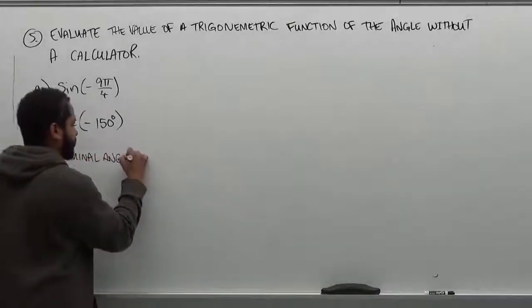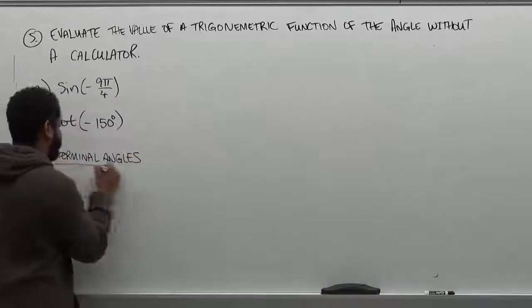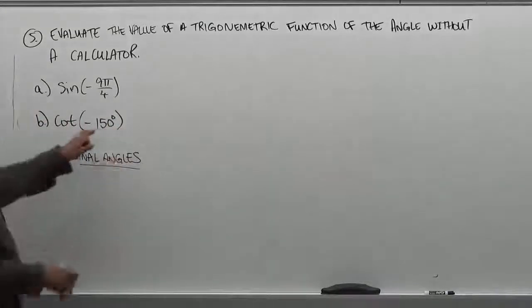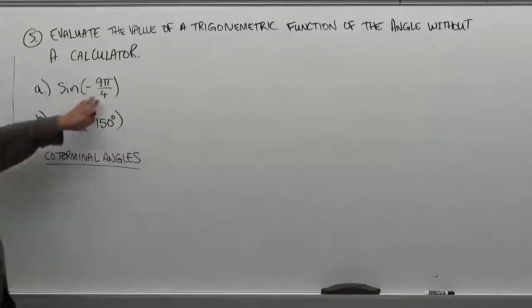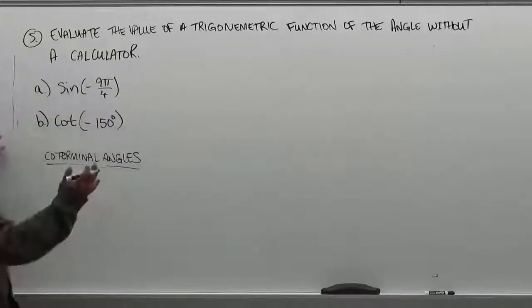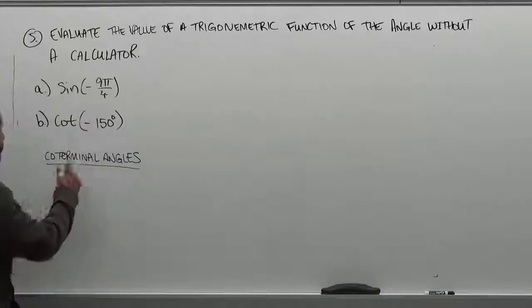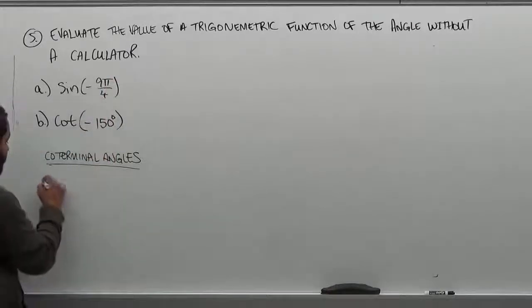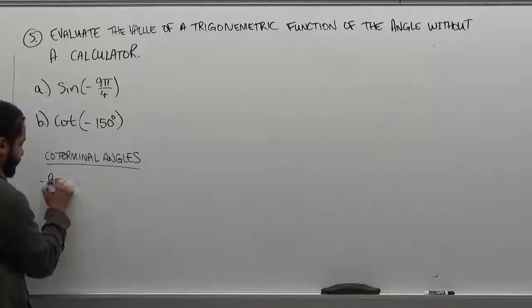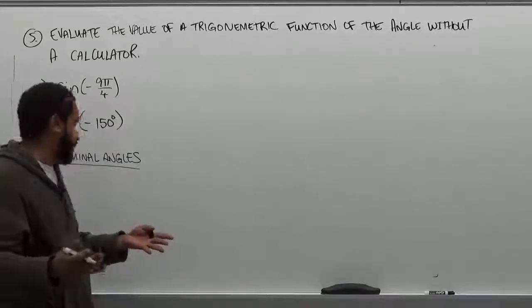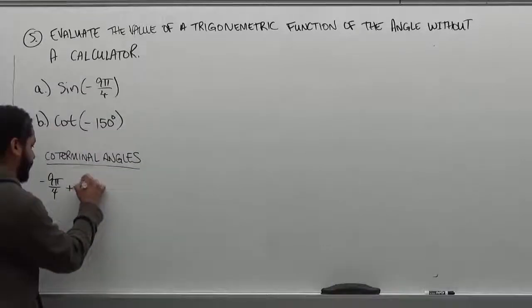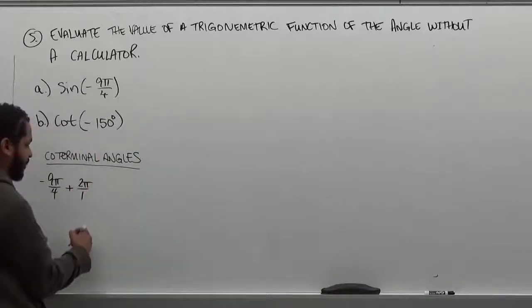To get the coterminal angles, we want to keep them either in radians or in degrees. Here I'm just going to keep it in radians because it's not so bad. So here we have negative 9 pi over 4. What we want to do to a radian angle measure is add 2 pi until this becomes a positive radian measure. So we add 2 pi, which is 2 pi over 1.